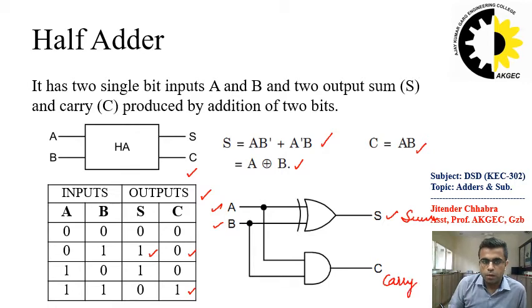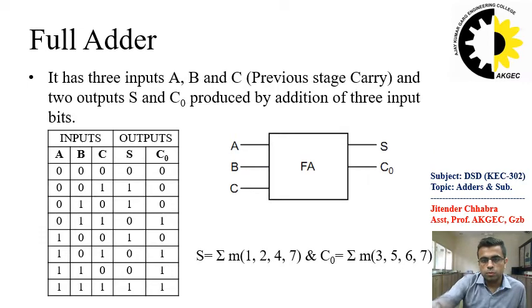Okay, so now coming to the full adder. When we added two single bit numbers, we had not considered the case in which there is a previous carry, a carry from the previous stage, so we have to consider that as well.